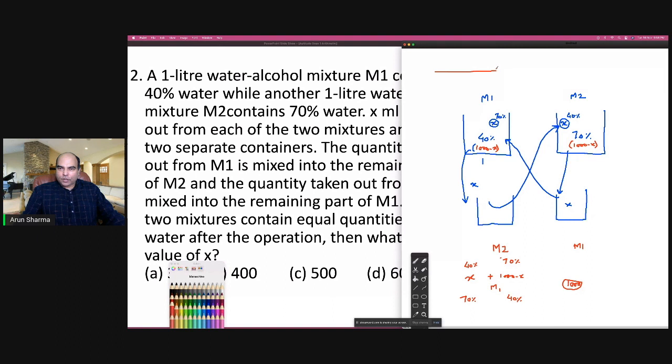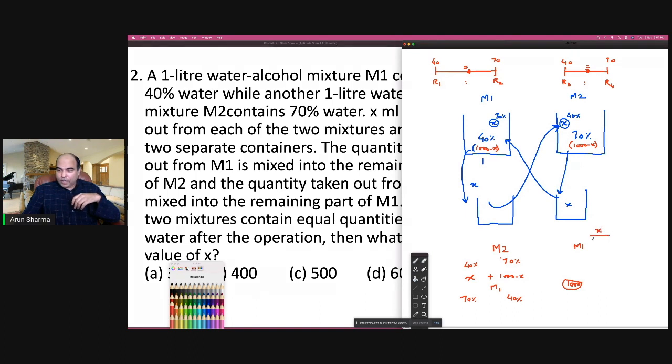I mean, if you think about allocation, if I've got 40-70 in one ratio, R1 to R2, and I've got another mixture of 40-70, and that ratio is R3 to R4, and I find a percentage for this, and I find a percentage for that, and I realize that both the percentages are equal, this can only happen when R1 by R2 is equal to R3 by R4, and that can only happen when X by 1000 minus X is equal to 1000 minus X upon X.